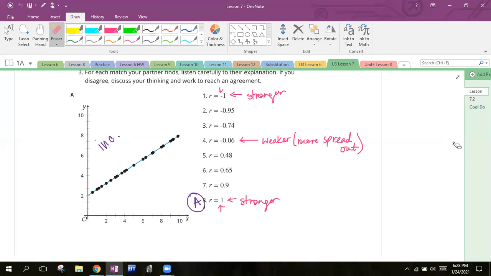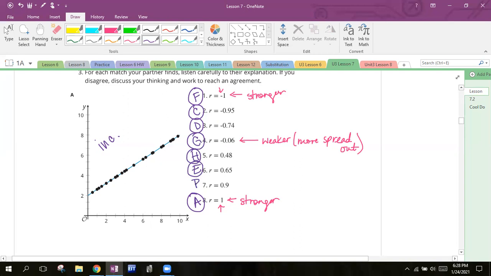Okay, so these are the answers that you should have gotten for this. For number 1, you should have gotten F, 2, C, 3, D, 4, G, 5, H, 6, E, 7, B. Okay, those are the answers for the correlation coefficient.